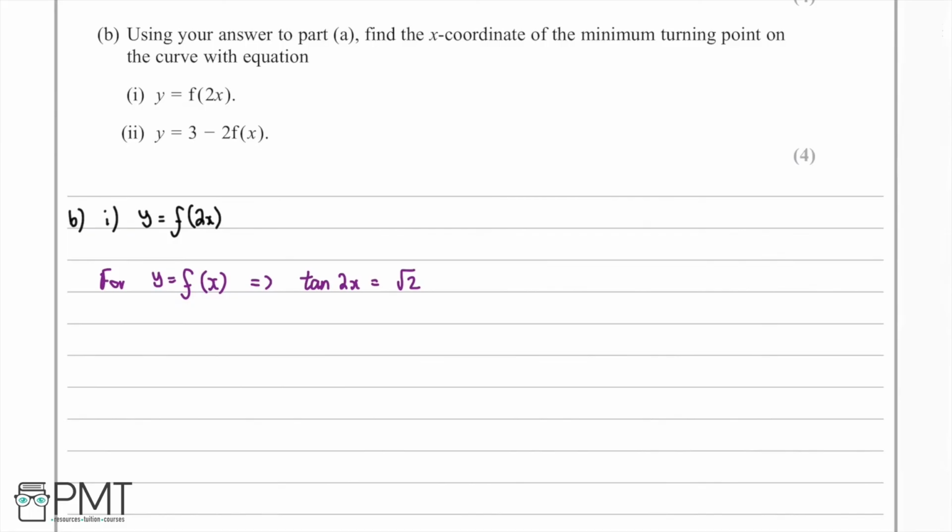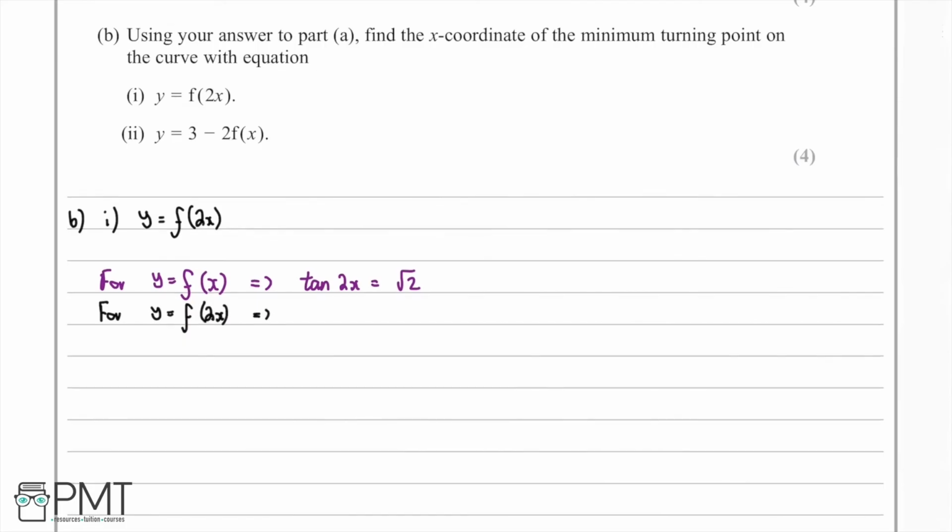So therefore, we're now going to have 2 times this. So for y equal to f(2x) we will have tan, then we multiply 2 by 2, which gives us tan 4x is equal to root 2.